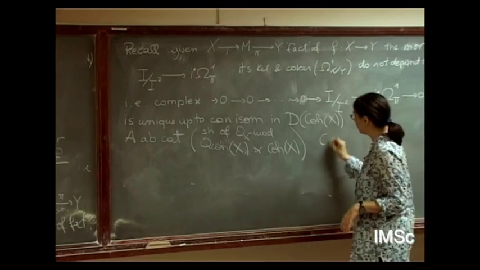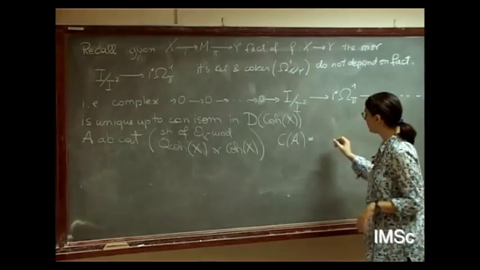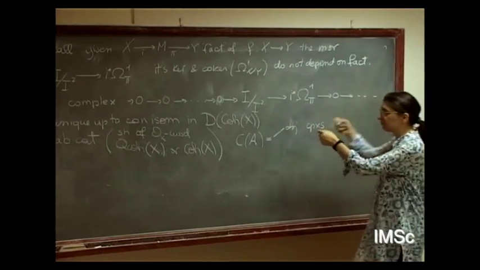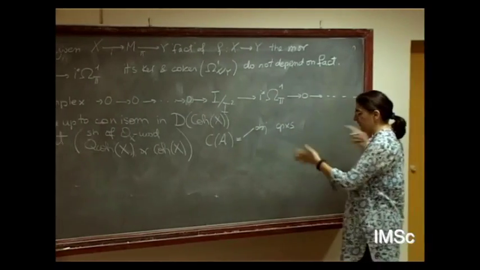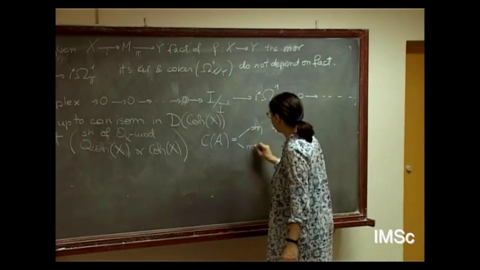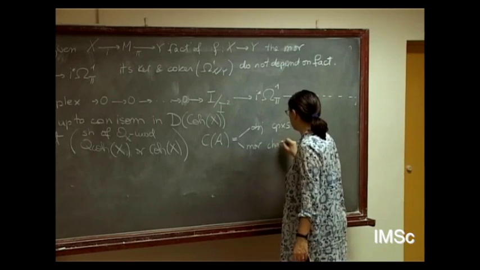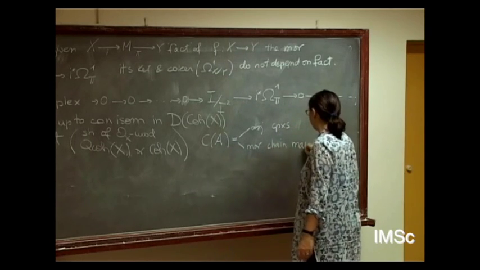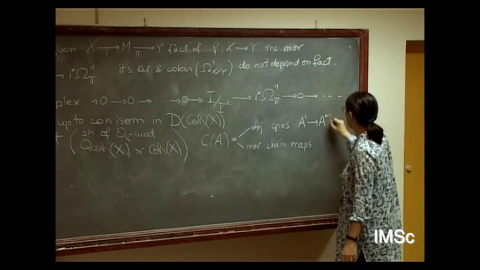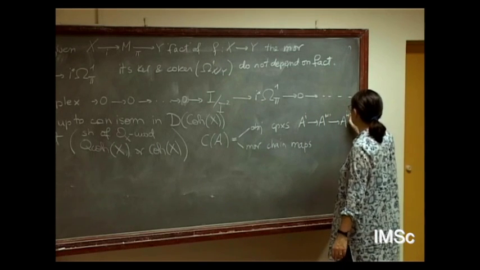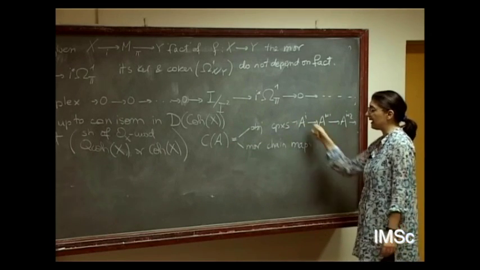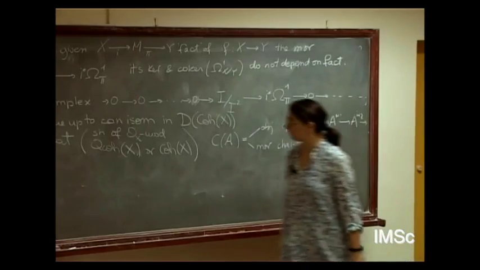Then you define C of A to be the category whose objects are complexes, so objects and maps such that the composition of two maps is 0, and morphisms are chain maps. So morphisms grade-wise, so this is A^i to A^(i+1) to A^(i+2), indexed by the integers, and the morphisms are graded maps which commute with the differentials.